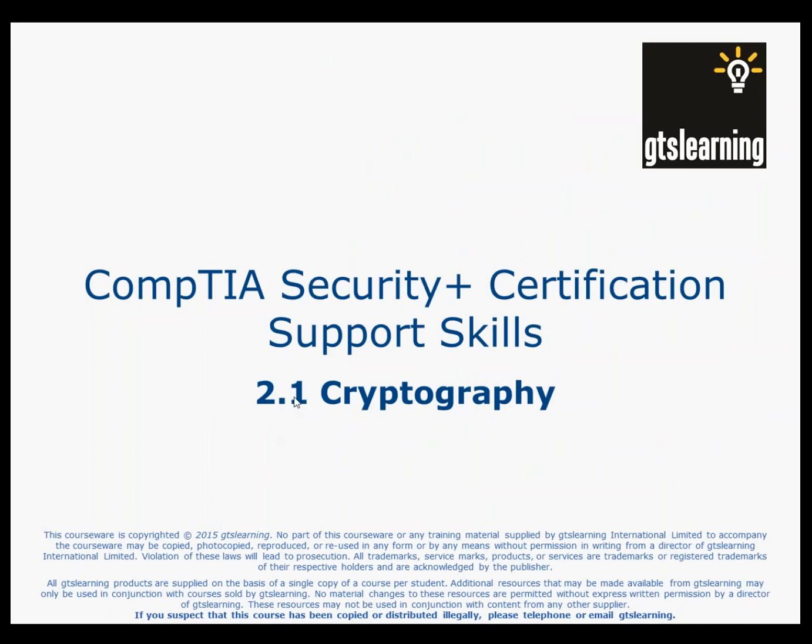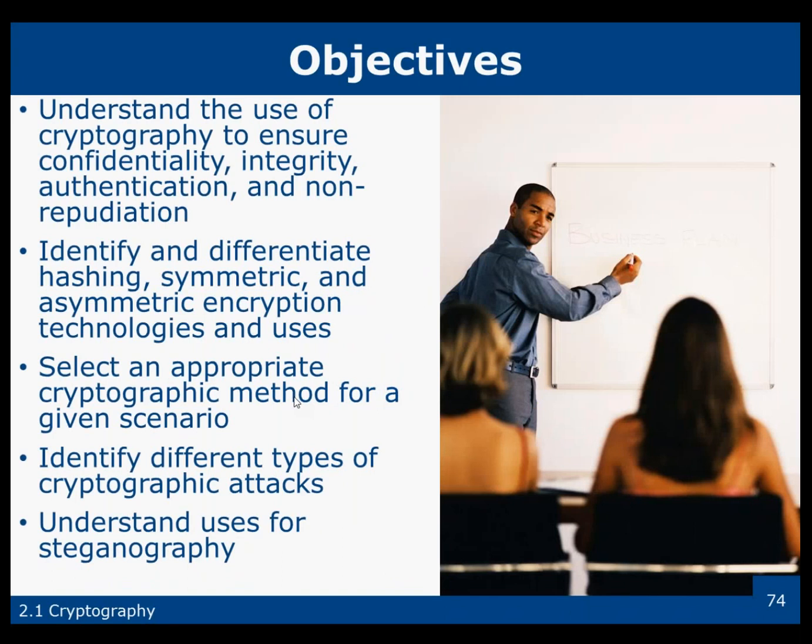So let's take a look here for a few minutes at cryptography, which is one of the primary ways that we're going to be able to protect the information. And it's going to be the C and the I, confidentiality and integrity of the data itself.